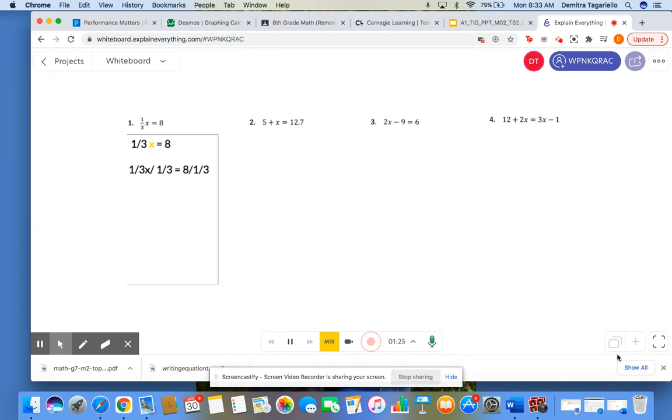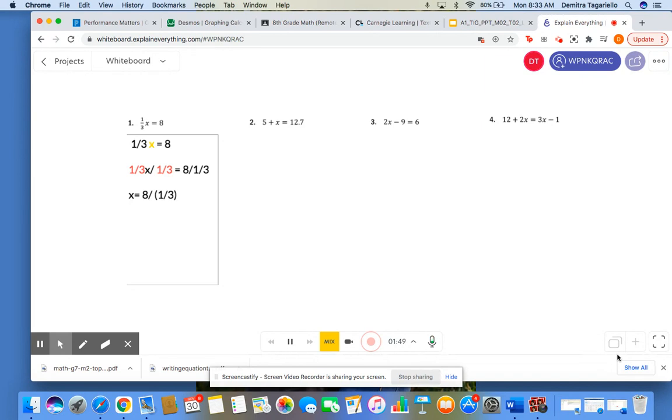Now, if I get rid of these two things and I will highlight them, these are actually going to cancel out. Them in red. These two things cancel out because they're right below, and that's going to leave me with x equals 8 divided by 1/3.